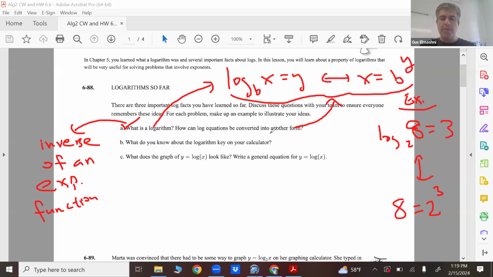What do you know about the logarithm key in your calculator? So there's 2 buttons. There's log. There's ln. Log has a base of 10. Called common log.